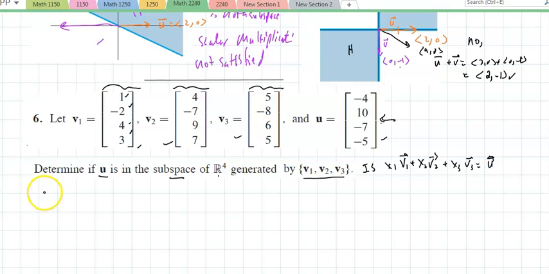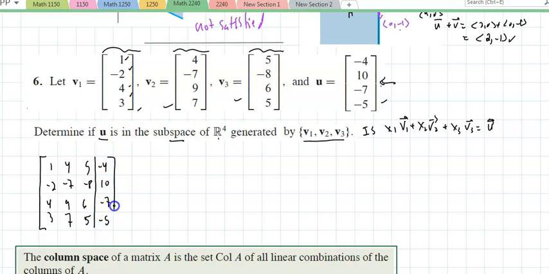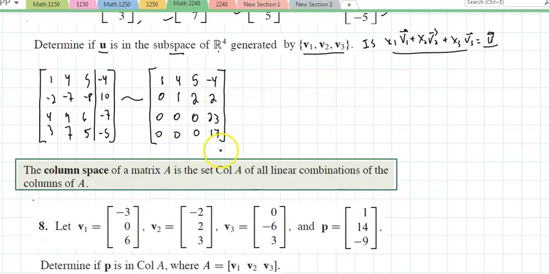Basically, again, we come back to the same thing over and over. Algebraically, that's how things are going to work. 1, negative 2, 4, 3. 4, negative 7, 9, 7. 5, negative 8, 6, 5. Basically, I'm trying to see if this has a solution. If it has a solution, then U is a linear combination of those, and that would mean it is in the subspace. And if it's not in there, and I do the work and get it into echelon form, what do you notice?